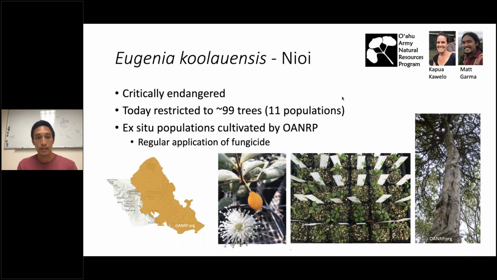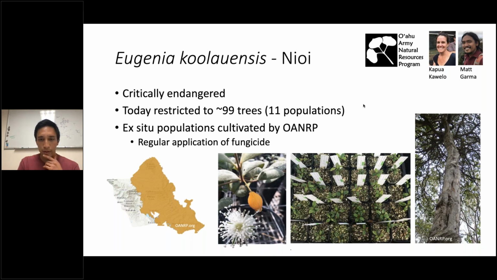But luckily, there is an organization, the Oahu Army Natural Resource Program, headed by Kapua Kawelo, and a lot of great work is done by Matt Keir as well in the greenhouse, where they're creating this huge stockpile of germplasm to save these plants from extinction, at least ex situ.